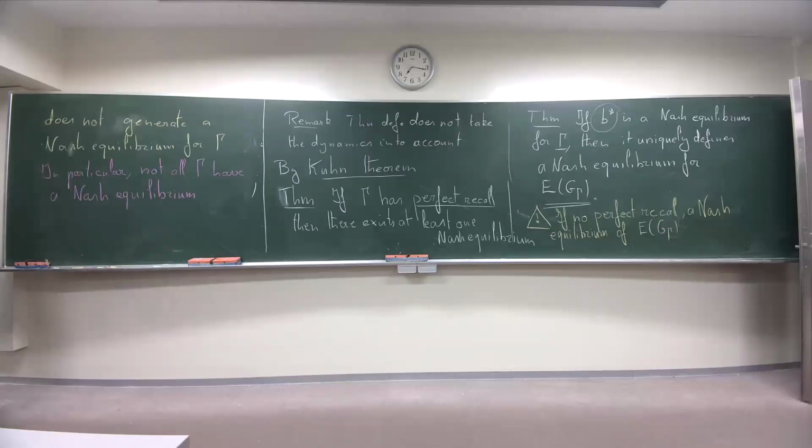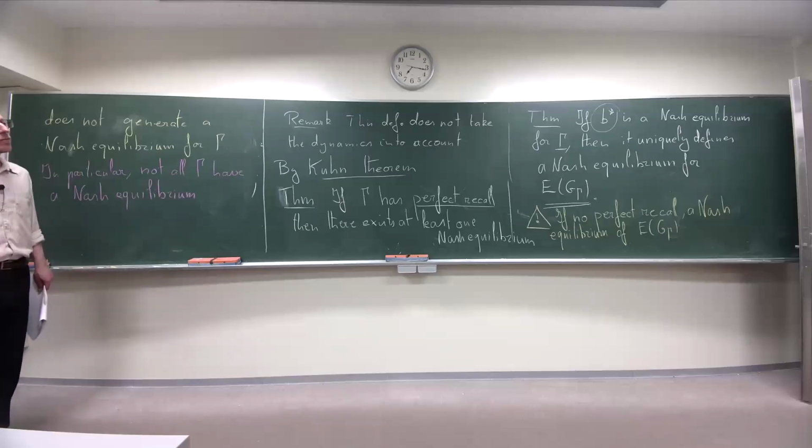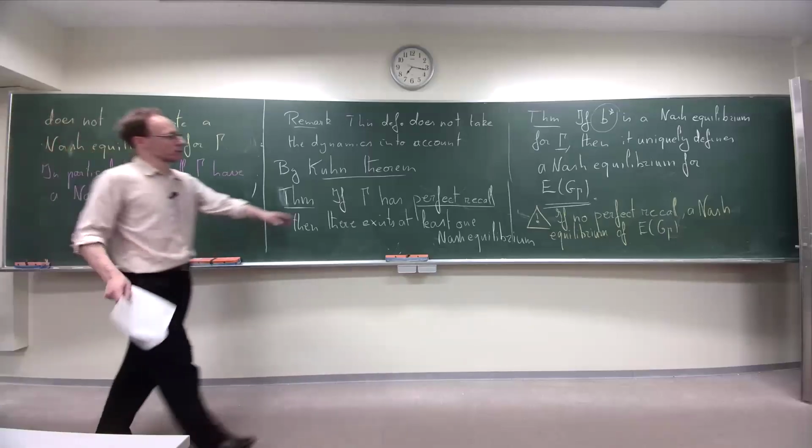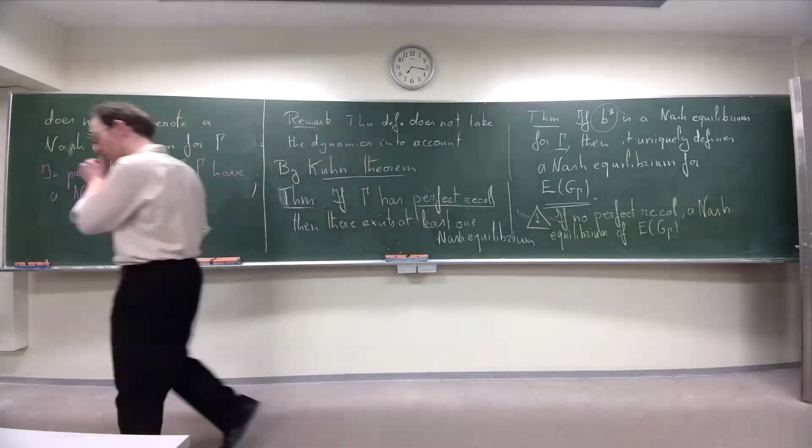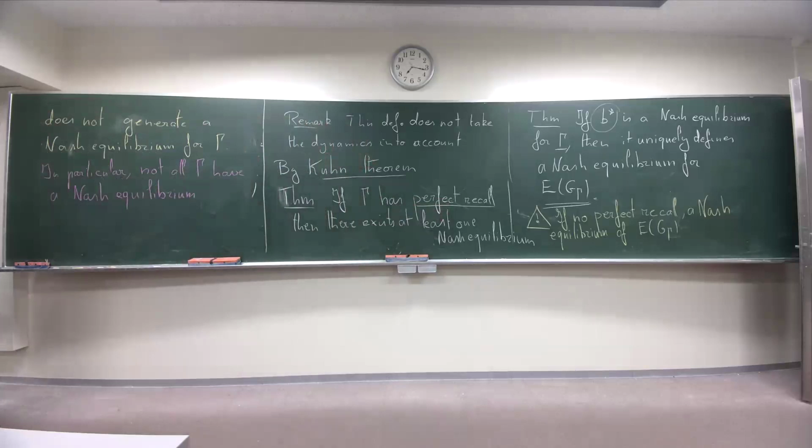If you have more than one, you are probably lucky, but I cannot tell you if it's a one-to-one correspondence when you have perfect recall. Probably if one of them has two, the other also has two when you have perfect recall. Okay, thank you.